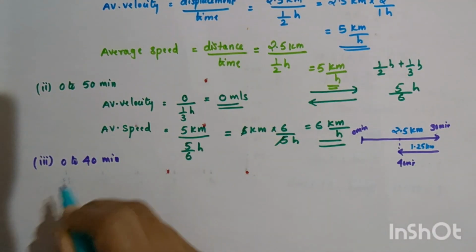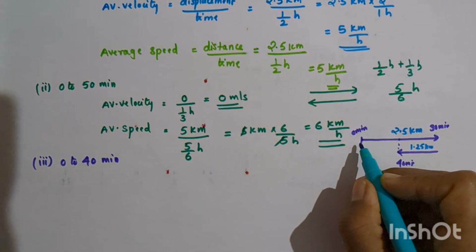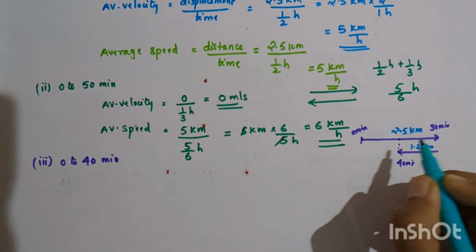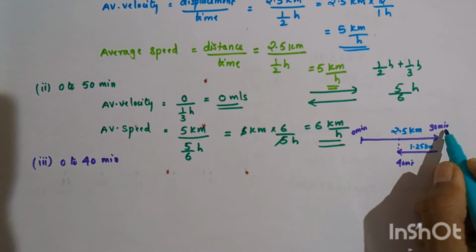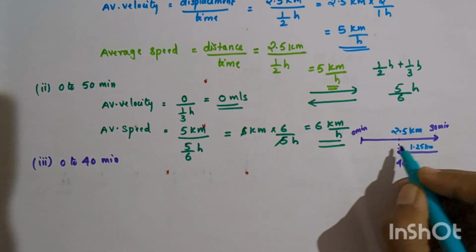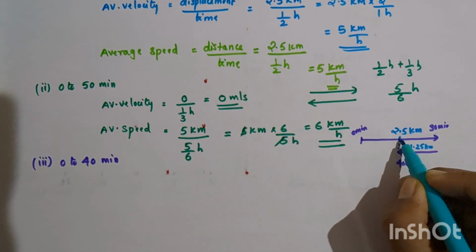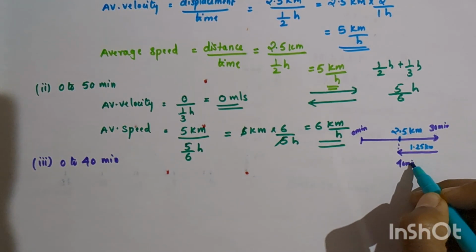So during this interval of time 0 to 40 minutes, the man started from home at t equals 0 minutes, reached the market at t equals 30 minutes, traveled 2.5 kilometer in that, then came back toward home, traveled 1.25 kilometer, and reached the midpoint of the straight road.